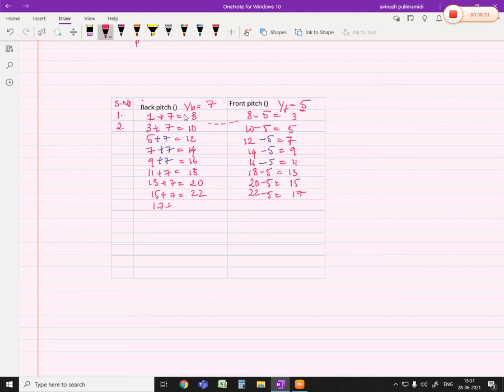Next, 17 plus 7 is 24, and 24 minus 5 will be 19. 19 plus 7 is 26, and 26 minus 5 will be 21. 21 plus 7 will be 28, and 28 minus 5 is 23. 23 plus 7 is 30, and 30 minus 5 is 25.